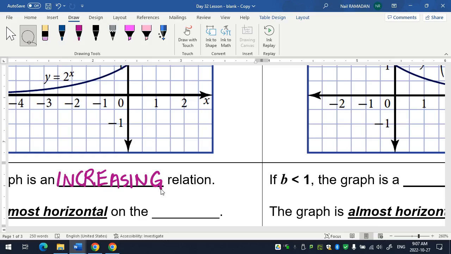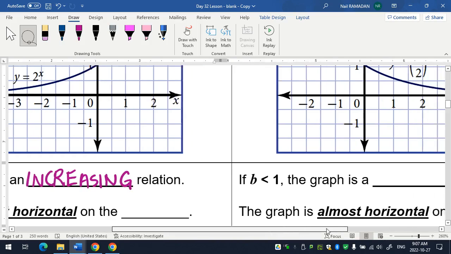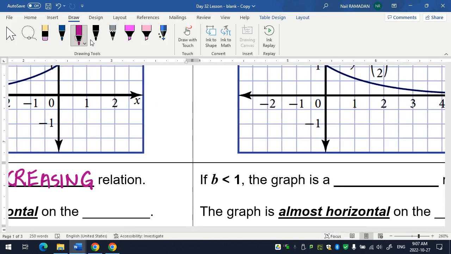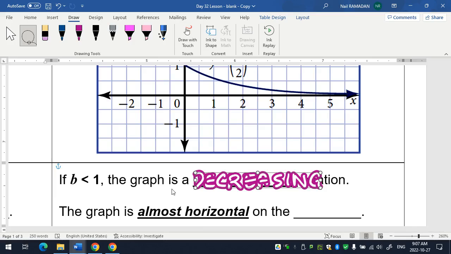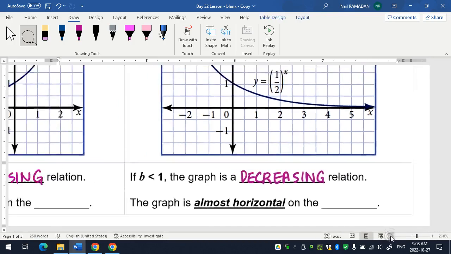Yep. Increasing relation. How about this one? This would be a what? Decreasing. Yep. Increasing, decreasing.